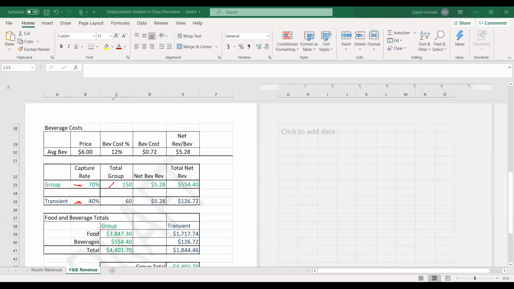We just multiply straight across to get our totals. With this capture rate, this tells me that I'm going to have 150 total guests, so basically 150 total room nights, and then 70% of those 150 room nights are going to order at least one drink.